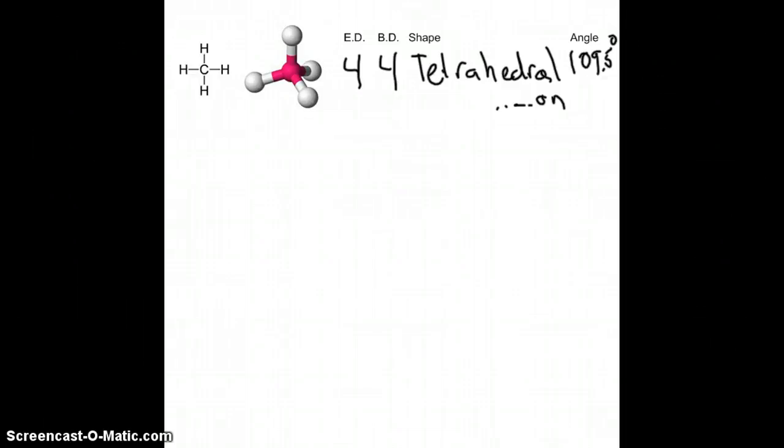So then you say, well, Mr. Walsh, what about things that have 4 electron domains but fewer bonding domains? Let's take a straightforward example like ammonia. Ammonia, and I'll do this in a different color, has 4 electron domains, 1, 2, 3, 4, but it actually has 3 bonding domains, 1, 2, 3.